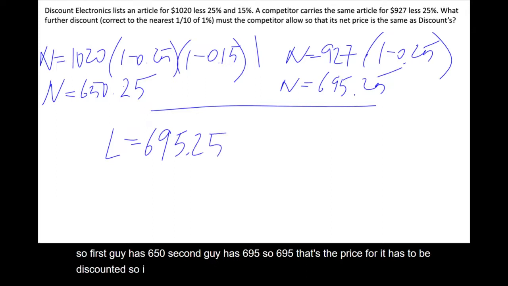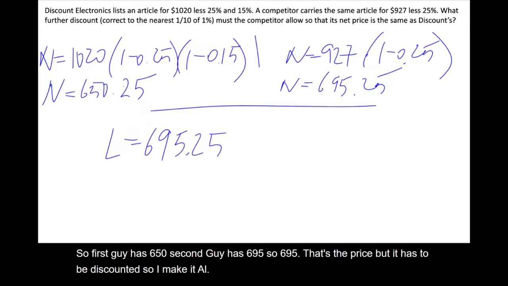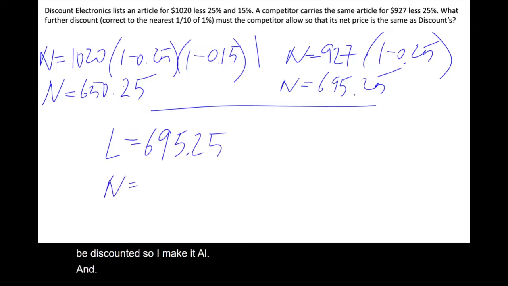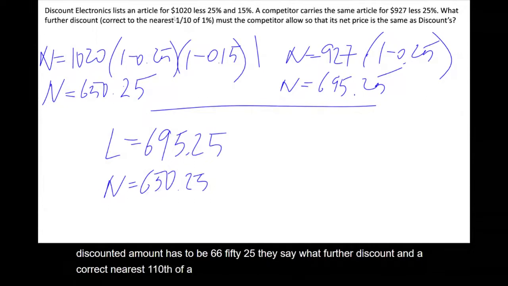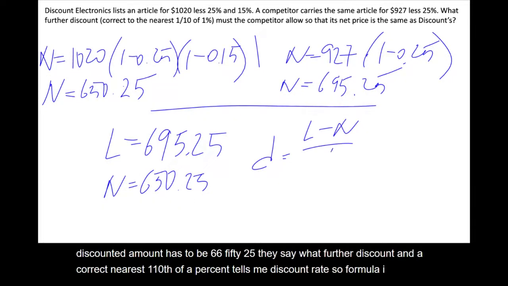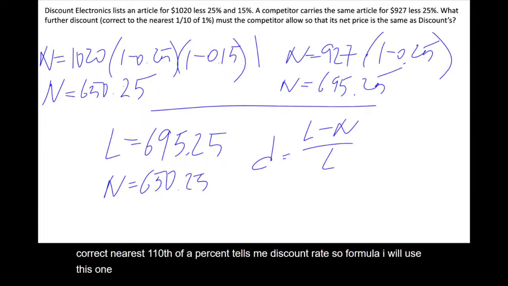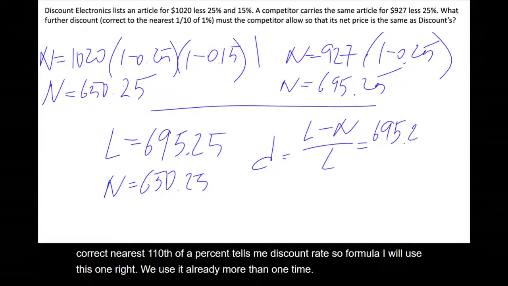So I make it L, and the discounted amount has to be 650.25. They ask what further discount, correct to nearest 1/10 of a percent, so it tells me discount rate. So the formula I will use is this one, right? We used it already more than one time. So it is a useful formula.